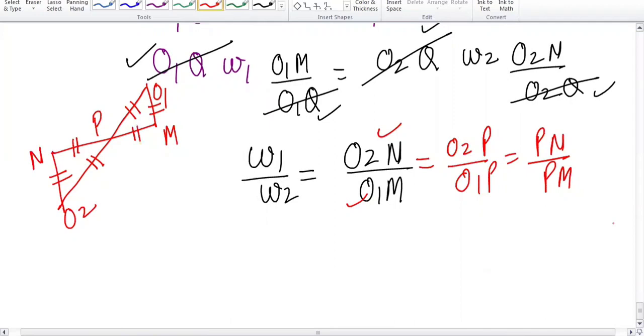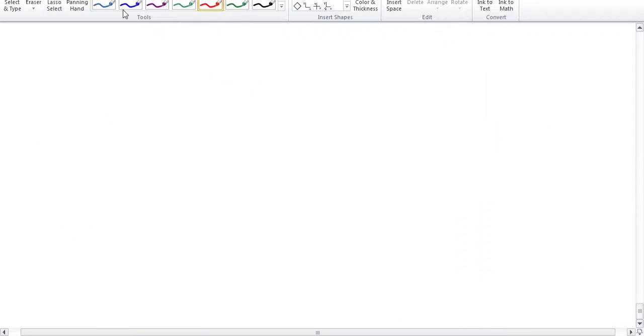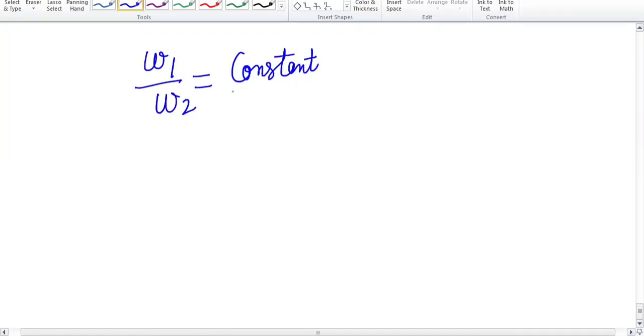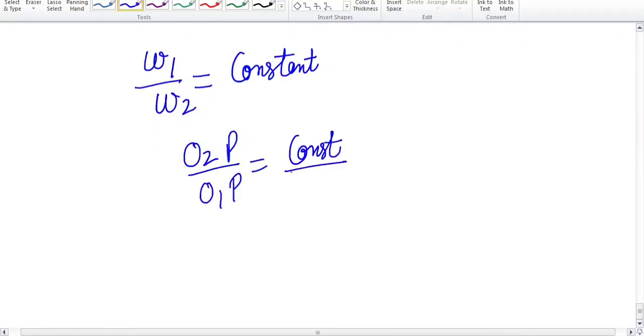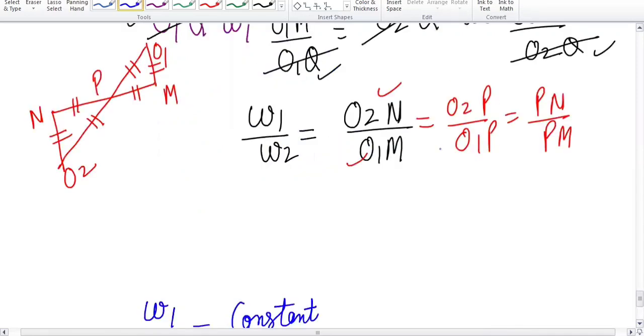It means that if these two bodies are gears, then it is very clear that omega 1 by omega 2 must be constant. This is the condition for the bodies to be gears. So for bodies to be gears, the O2P and O1P ratio must be constant, because omega 1 by omega 2 is also equal to this ratio.